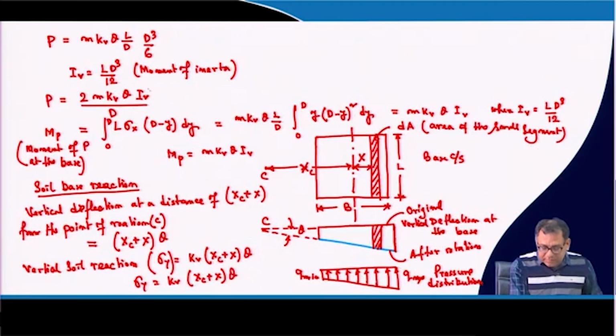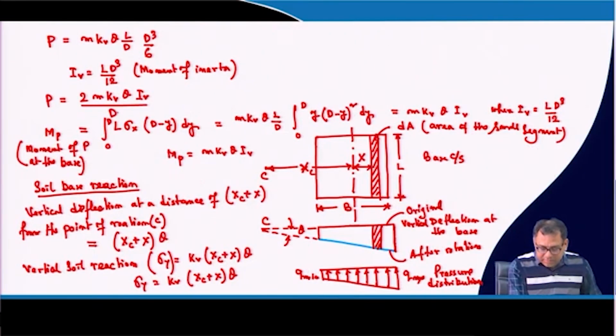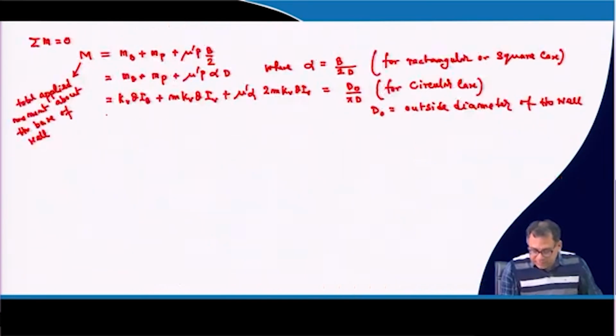The P value is 2 m kV theta IV, and there is a term D. So, this P we are putting in the equation, 2 m kV theta IV, and there is a term D, and in P also there is a term D. So, these two will cancel. So, this is the equation.